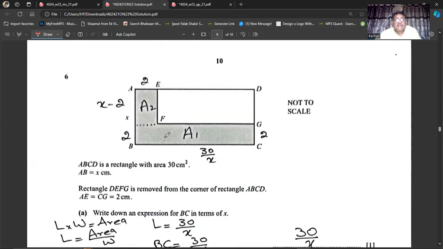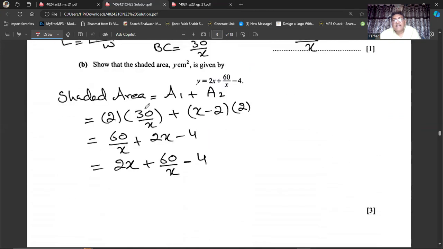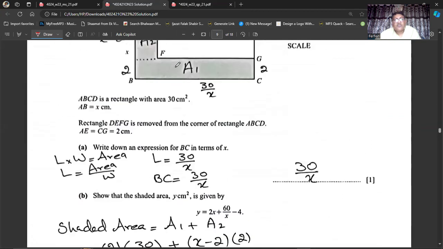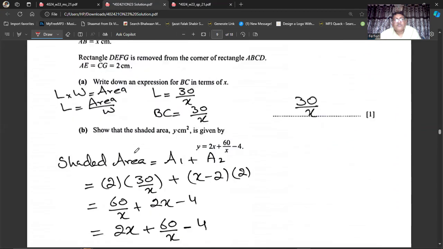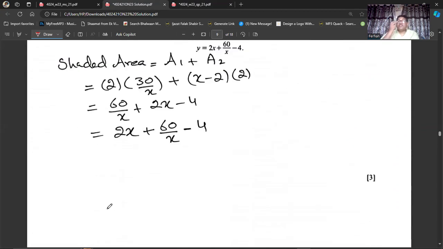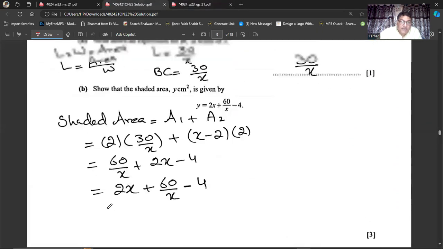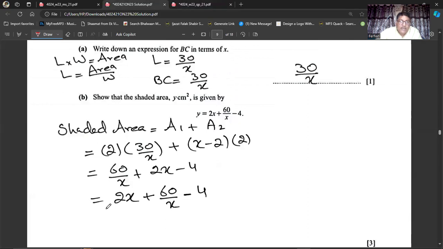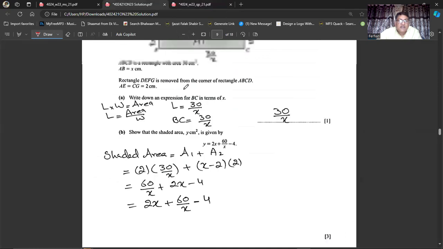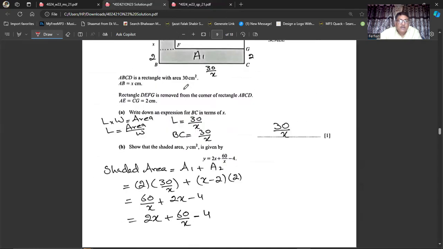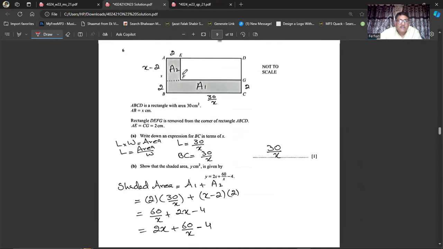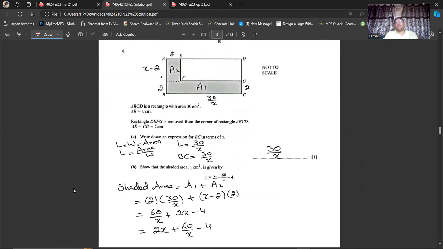So I will find the area of this rectangle and the area of this rectangle, and I will add them up, and that will be the shaded area. So this is area 1, this is area 2. Area 1 will be 2 multiplied by 30 by x, and area 2 will be x minus 2 multiplied by 2.